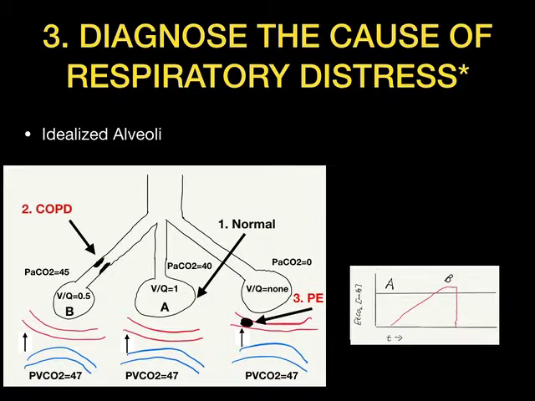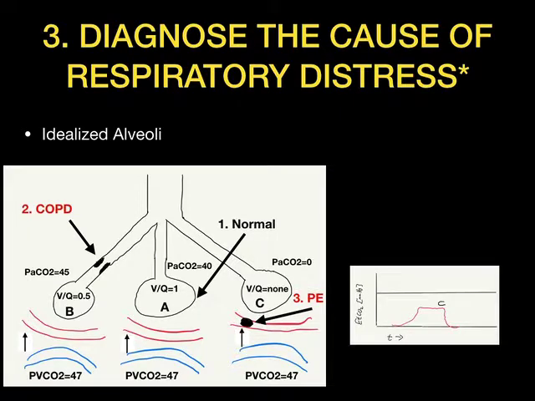In bronchoconstriction, like COPD or asthma, you'll have increased work of breathing, making it harder to get that CO2 out, so that VQ mismatch angle will increase. Additionally, you'll see the plateau phase rise up a little bit higher than the normal, again because of the venous partial pressures of CO2.